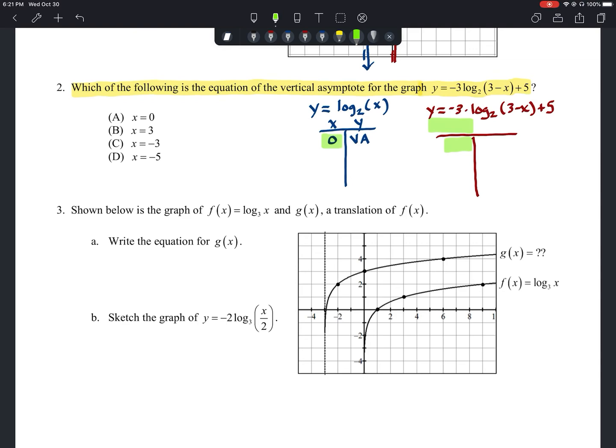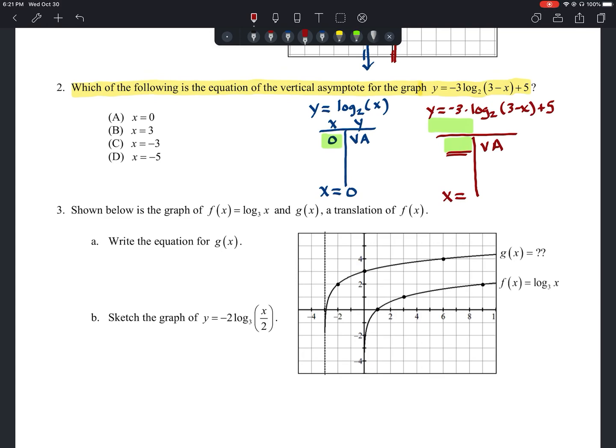We know that the equation for the vertical asymptote for the parent is just x equals 0, right? That's the equation of the vertical line. So we want to come up with the equation for this second graph, x equals what? And we'll find that by finding that value there. That would be our vertical asymptote.